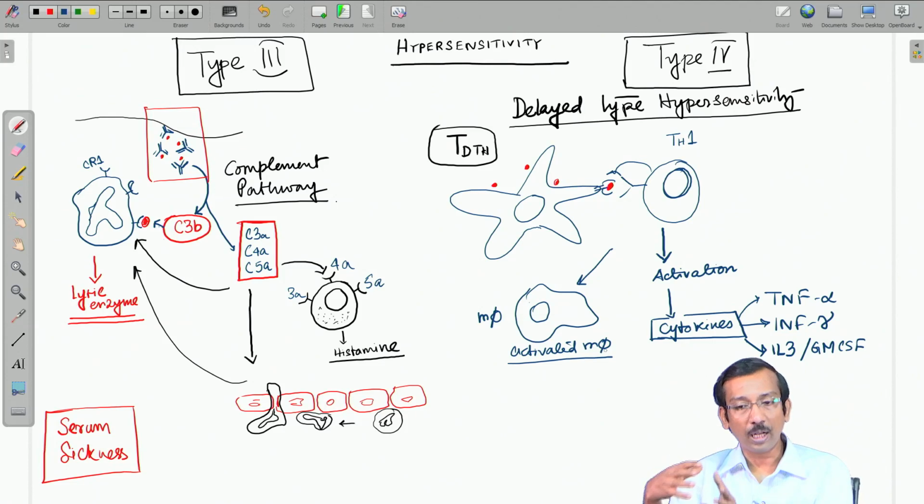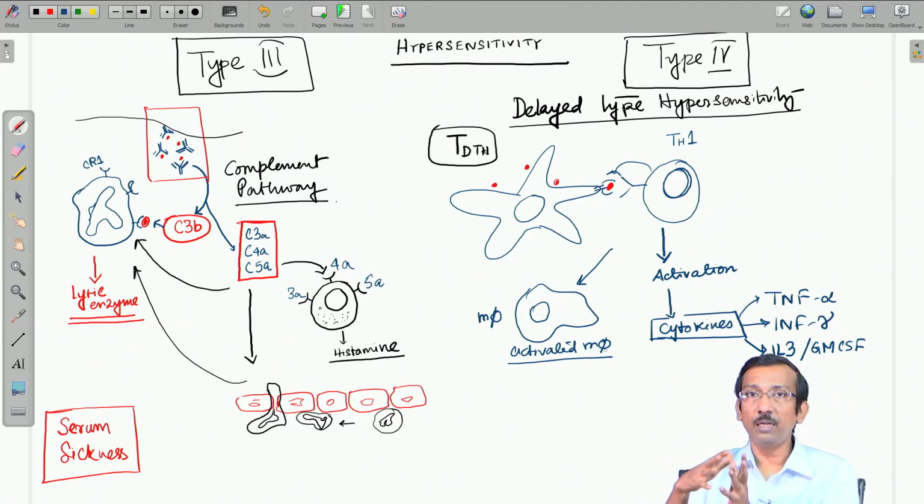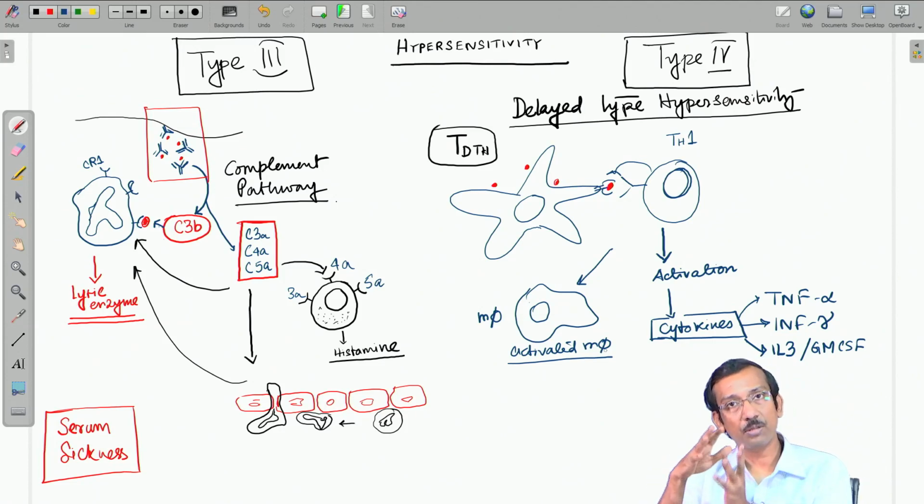Type 4 hypersensitivity is mostly T cell mediated, by a small subset of T cells, and it is mostly due to the release of different cytokines that elicit or enhance inflammatory responses.